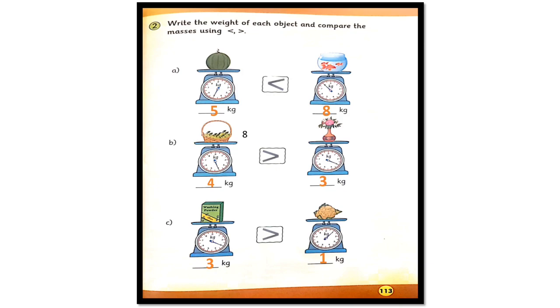The last one is, let's compare the pack of washing powder and a cabbage. The weight of the washing powder is 3 kilograms and the weight of the cabbage is 1 kilogram. It means 3 kilograms is greater than 1 kilogram.